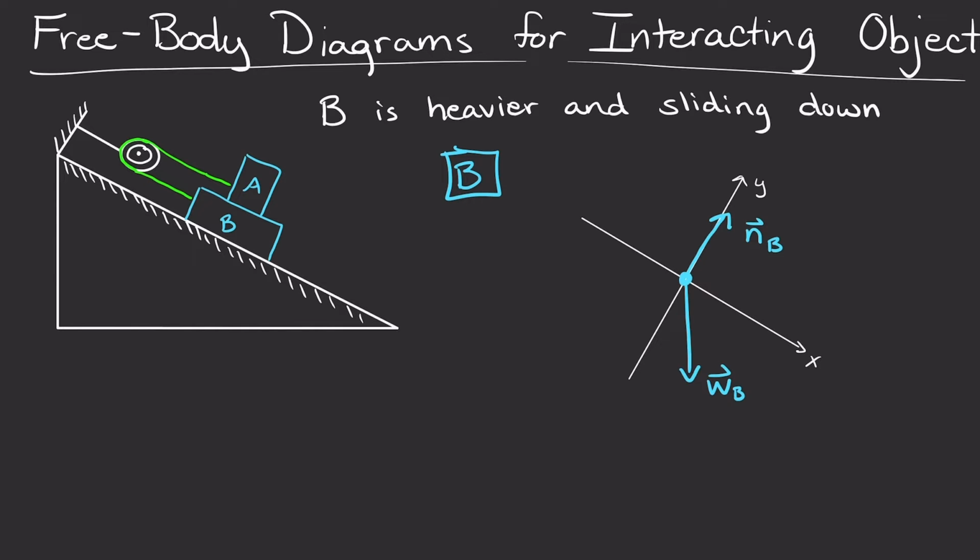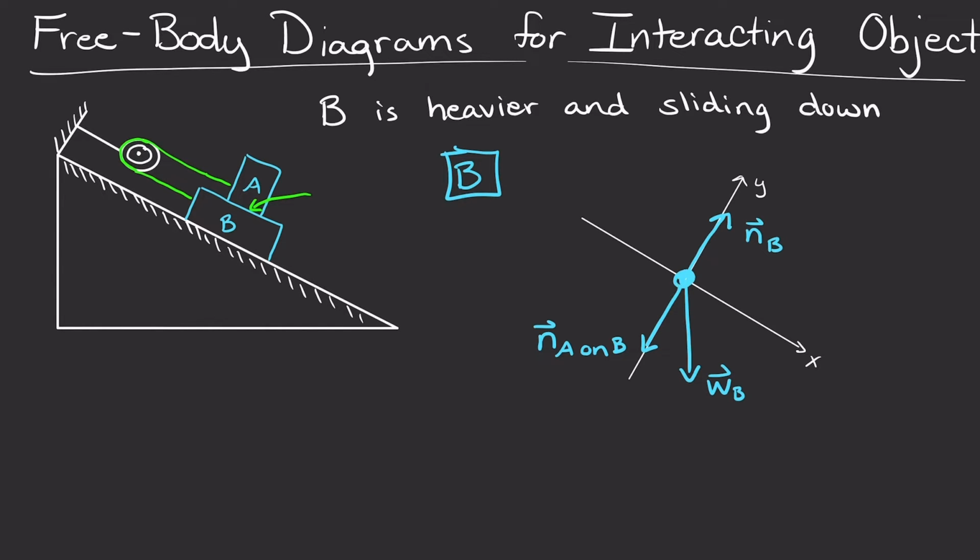Well, there's also this block A that is making contact with object B from the top. So that is a surface contact, and there must be another normal force, but this time it's from object A. We'll call this the normal force from A on B. Then we have a cable on the left-hand side.